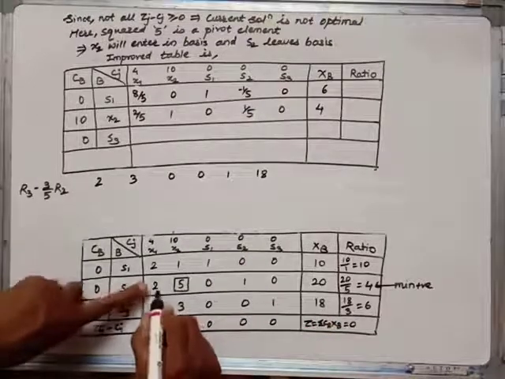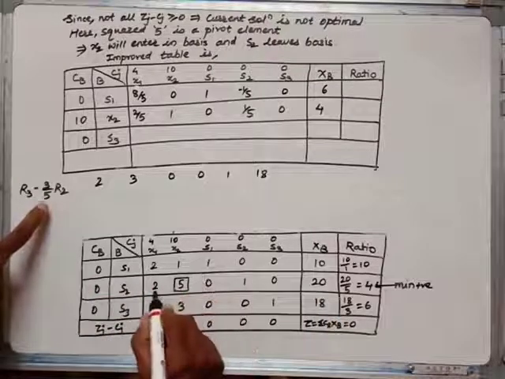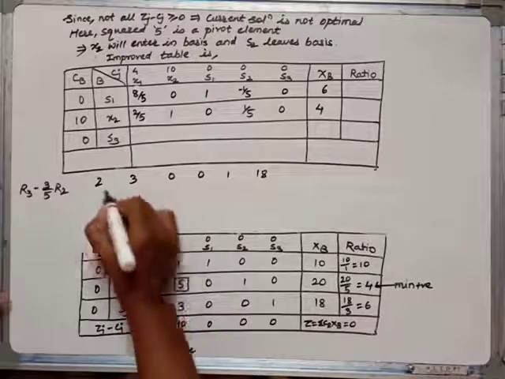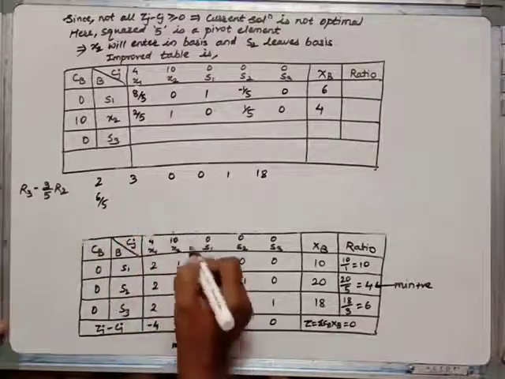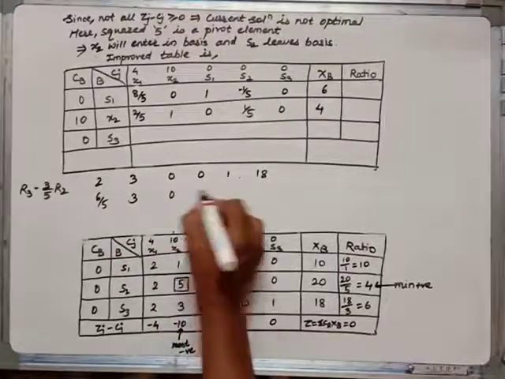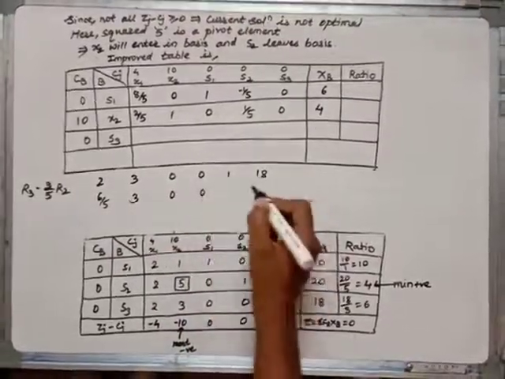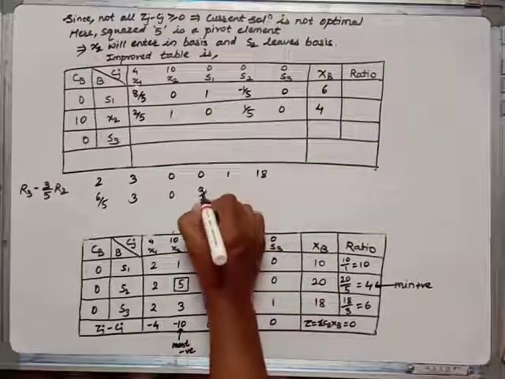Now let us multiply throughout this R2 by 3 by 5. So 2 into 3 by 5 will be 6 by 5. 5 into 3 by 5 will be 3. Now this is 0. Sorry, not 0. It is 1 into 3 by 5. So 3 by 5.